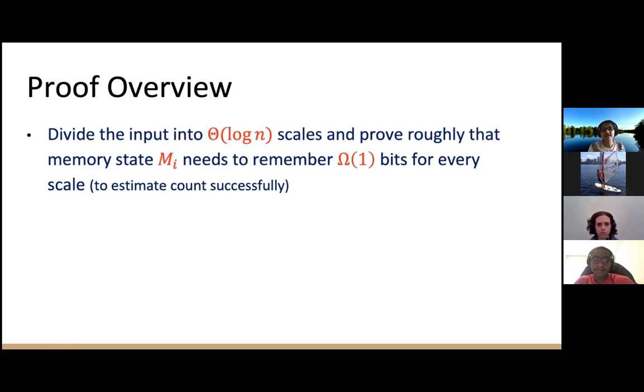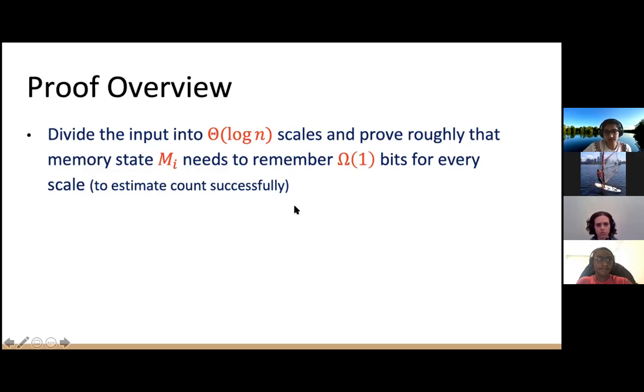If you can prove such a statement, when you sum over the number of scales and sum over i equal to 1 to n, you are able to prove that the information cost of M is at least omega n log n.